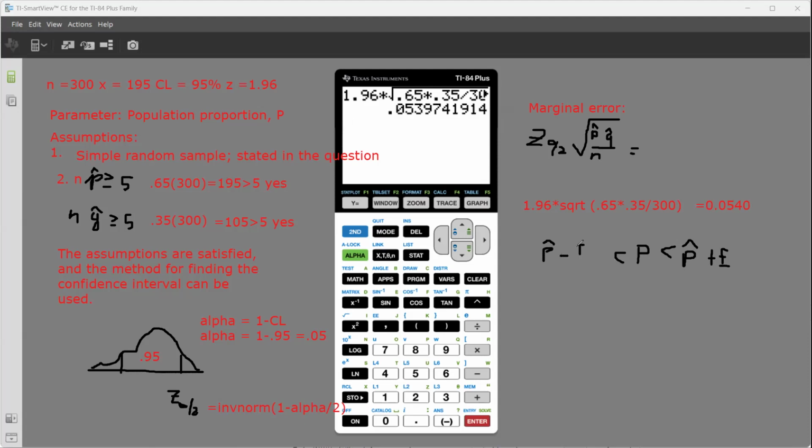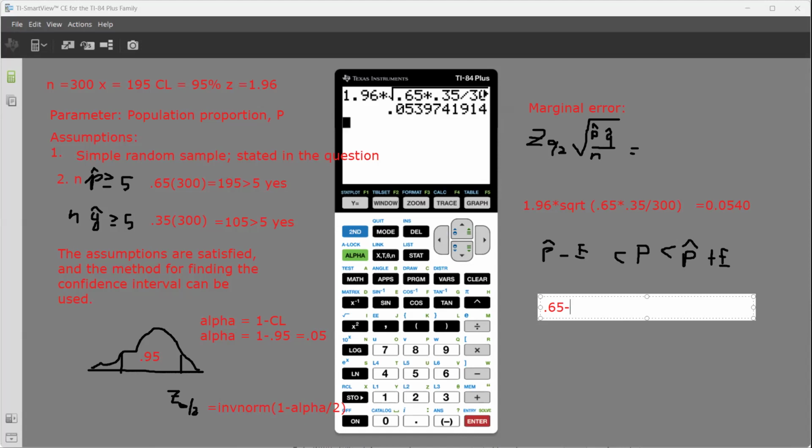So my work then becomes this. I know what my p hat is. It's 0.65. So this becomes 0.65 minus that answer that you see on the calculator screen.